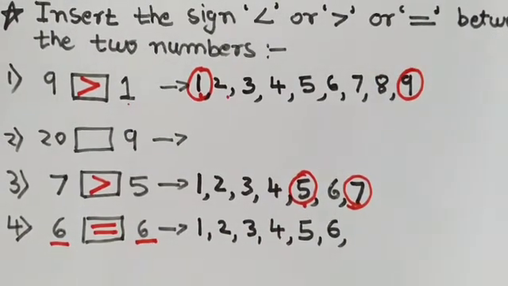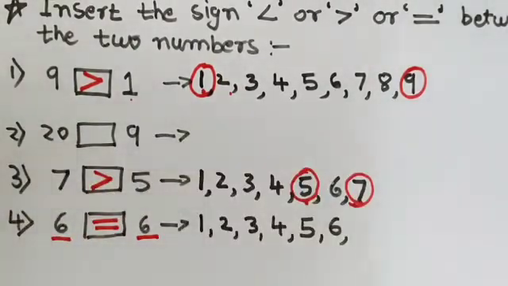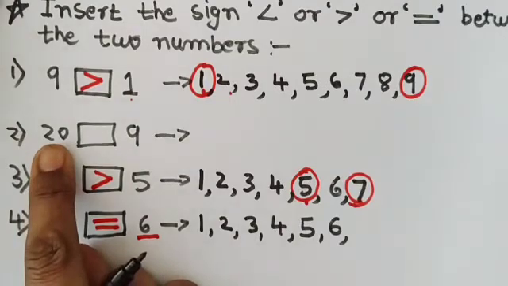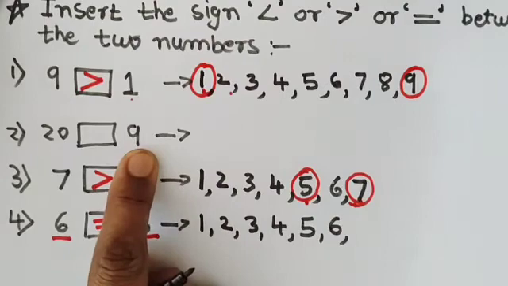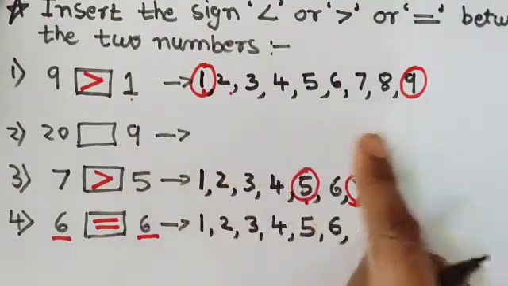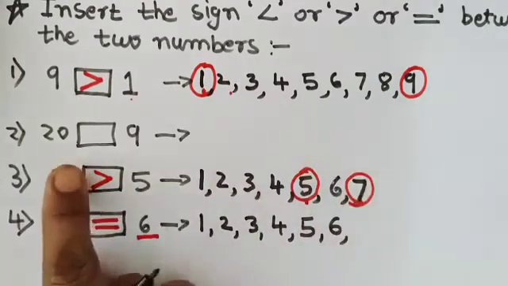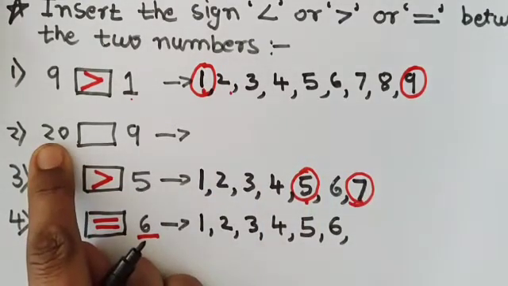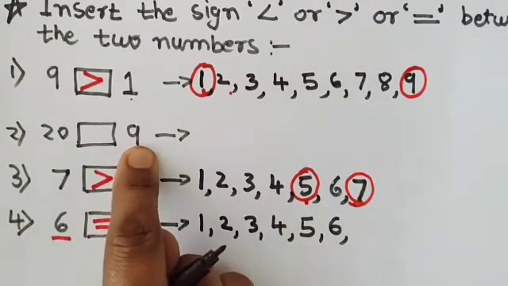Now we will take one more example of a different question. Here we have 20 and 9. Out of this 20 and 9, do we have to write 1 to 20 numbers? No children. Why? Because here we have a 2-digit number. 20 is a 2-digit number and 9 is a 1-digit number.